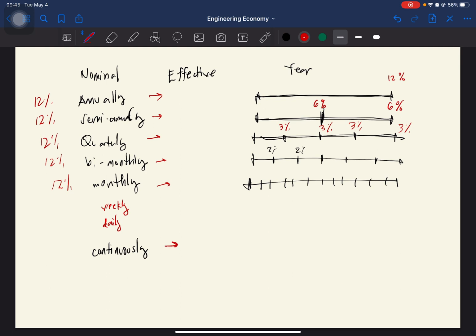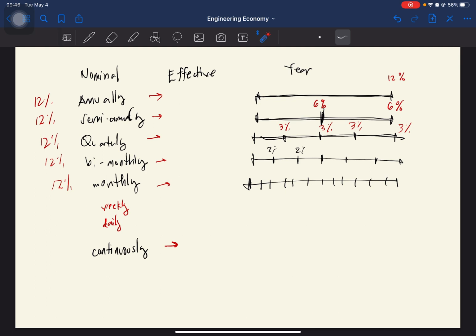Of course, as we learned last time, the more compounding periods you have, the larger the effective interest rate. 12% monthly yields greater than 12% annually. 12% quarterly yields more than 12% semi-annually, because with more compounding periods, the effect takes place more. It's like a snowball effect that keeps growing. The interest earns interest, and the interest on the interest earns interest.